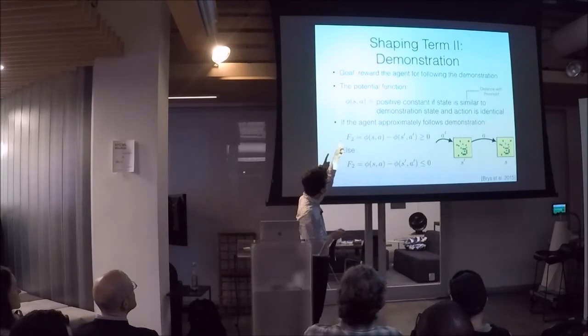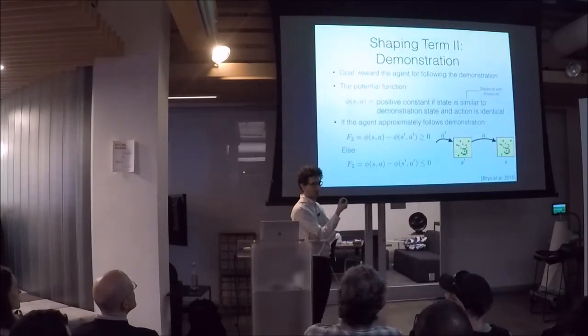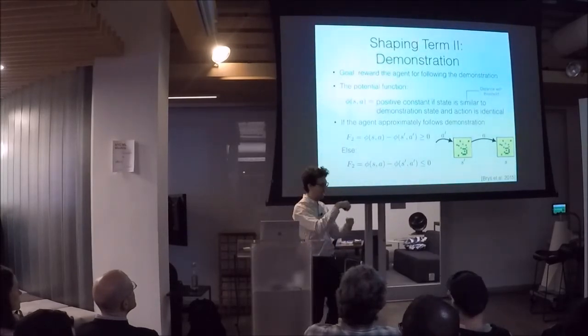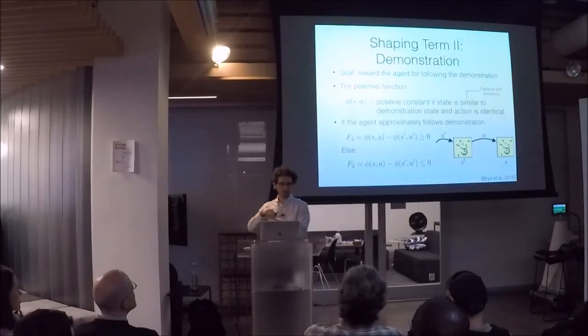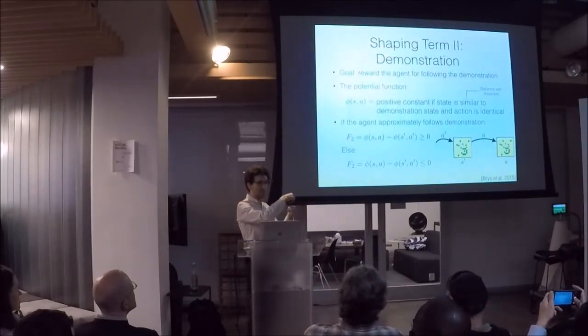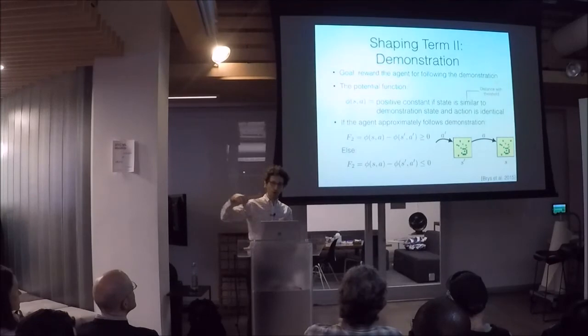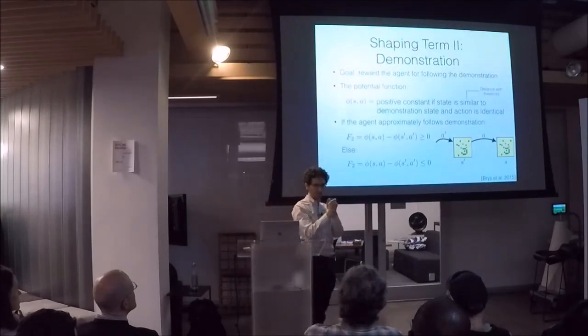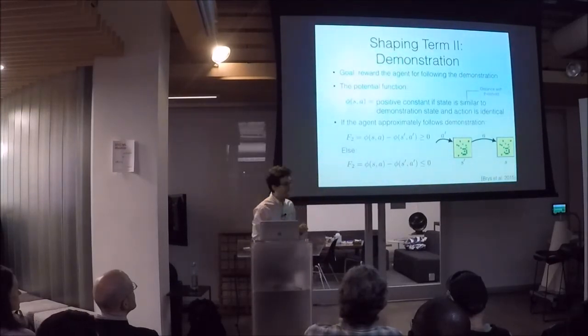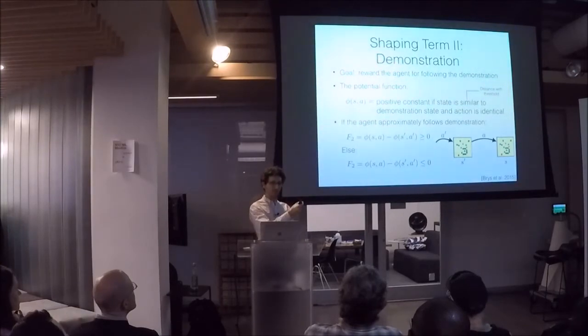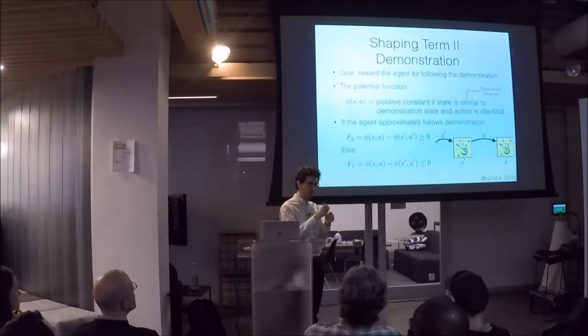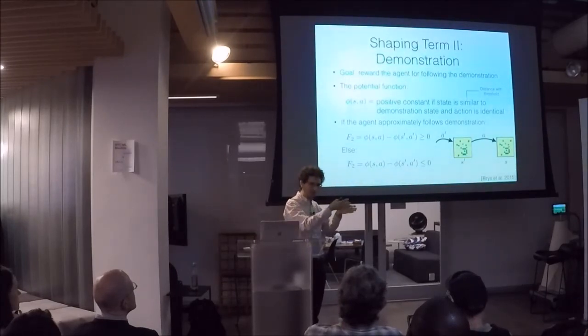This potential now is going to be a positive constant if the state where the agent is right now is relatively close. It's similar to one of the states along the demonstration. So we're going to have some kind of a threshold on the distance. And the agent is taking exactly the same action. So we're not going to require the agent exactly to follow the demonstration. You can think about it, we are creating some kind of a margin around the demonstration where the agent can be.